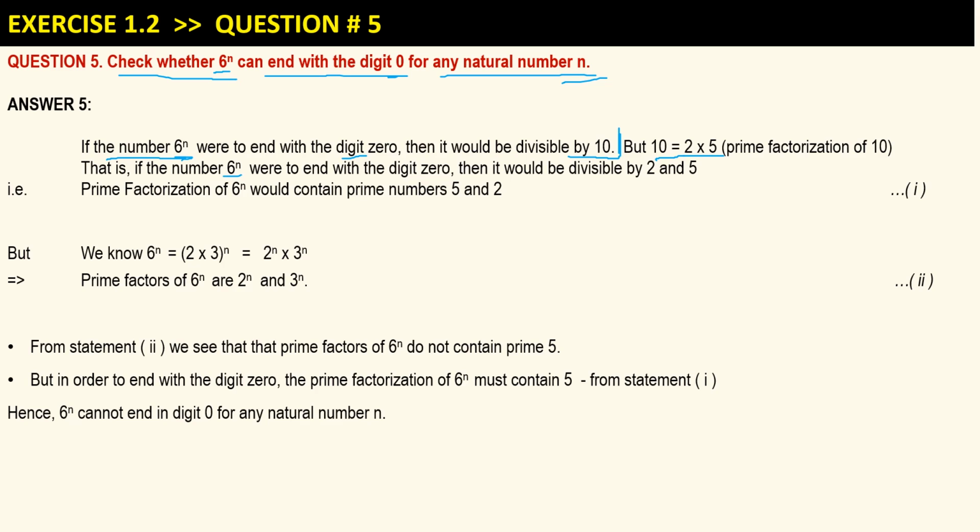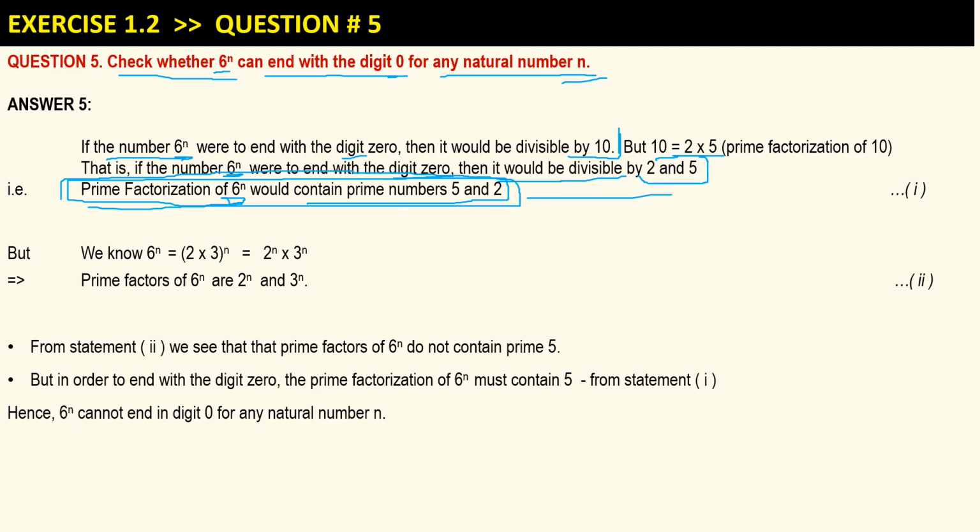That is, if 6 raised to power n were to end with the digit 0, then it would be divisible by 5 and 2. In other words, the prime factorization of 6 raised to power n would contain the prime numbers 5 and 2 if 6 raised to power n were to end with the digit 0.